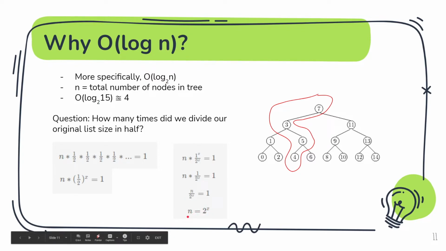Now if you apply log base 2 on each side, we get the equation log base 2 of n equals x, which is the equation that we have here. Now this isn't always necessarily the case, and I want you to think about why that is. We'll go over the answer after I showcase the insertion algorithm for a binary search tree.